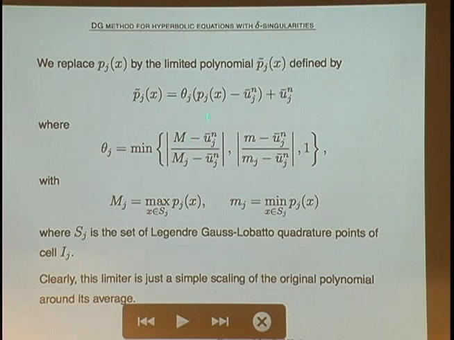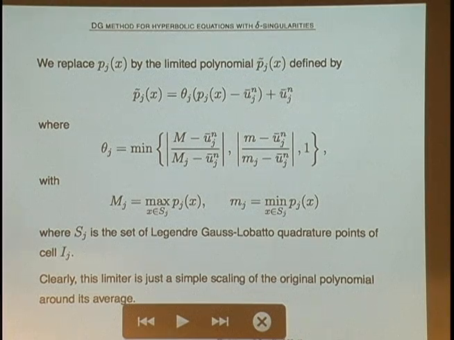See, if the polynomial p j is not behaving, I subtract u bar j from it, subtract the cell average, plus the cell average is still p j, and I multiply this part by theta. In other words, you have a polynomial, you subtract the cell average, and then you squeeze the remaining result towards the cell average.